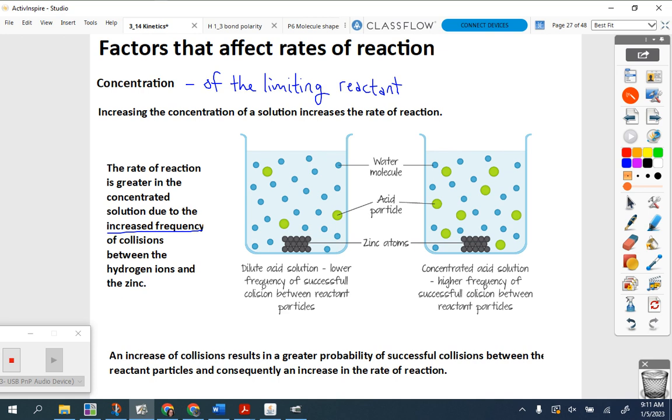So it has the same thing in terms of increasing the frequency of collisions, but it's not changing the energy profile of the collisions. So temperature increases the frequency, but also increases the energy of each collision.